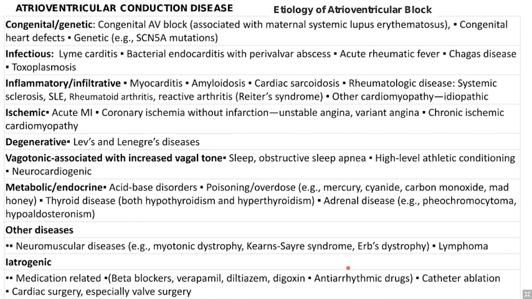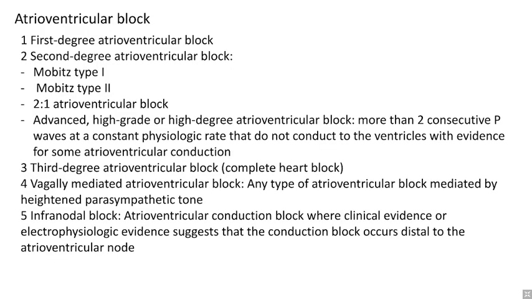There are a lot of causes for atrioventricular conduction disease: congenital, genetic, maybe infections, for example Lyme carditis, toxoplasmosis, inflammatory diseases, myocarditis, amyloidosis, sarcoidosis, some cardiomyopathies, some systemic disorders, ischemic heart disease, acute MI, especially inferior acute MI, some metabolic disorders, neuromuscular diseases, and some medications may also be a cause.